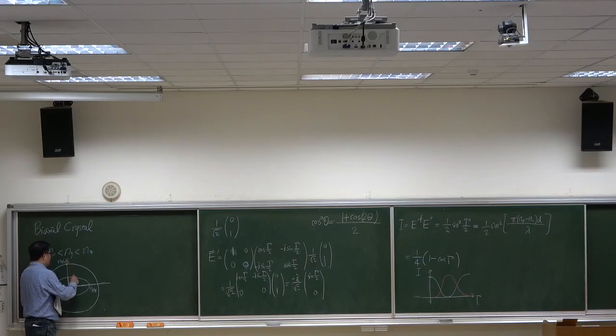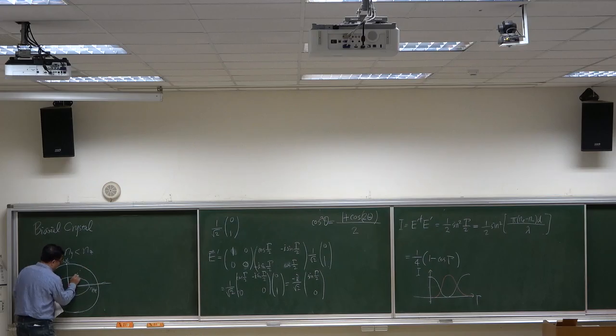Okay, and we see that this point corresponds to the situation where the B vector is pointing along the Z axis, and the k vector is pointing along an arbitrary propagation direction, because this is a sphere.